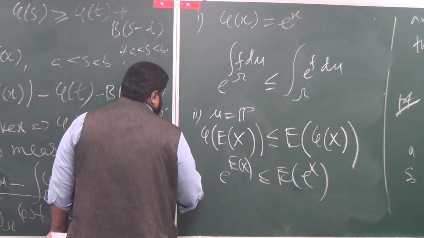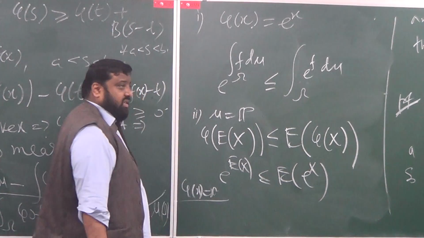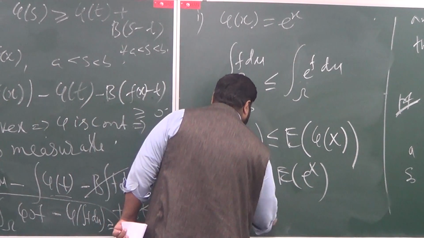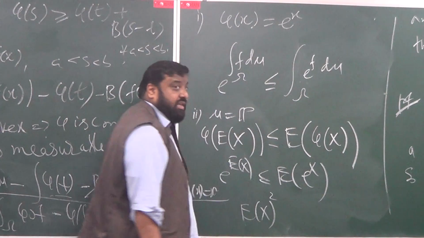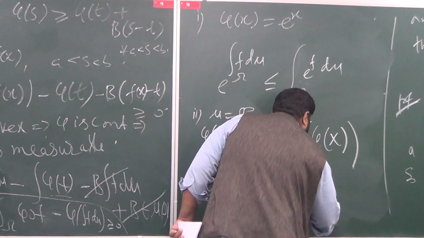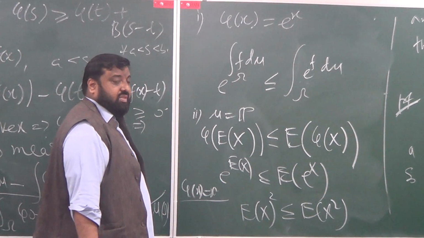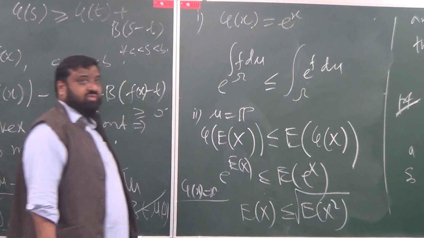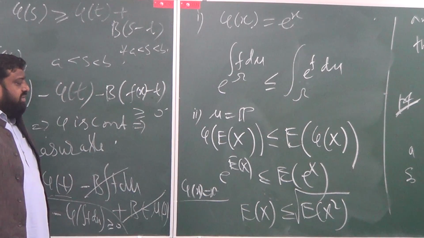Take another function, say for example phi of x equal to x square, and use this inequality. So what does this show? The square of the expectation of x is less than or equal to the expectation of x square. Get it? And think about it.